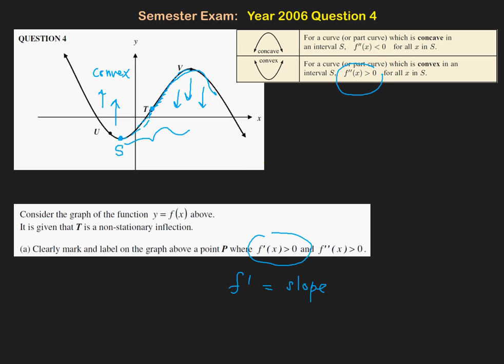So they want an area where f prime is positive, the slope is positive, and f double prime is positive. There's only one such region: f prime is positive between S and V, and f double prime is positive between S and T. So as long as you plot the point P anywhere there, that will be it. Let me erase it.